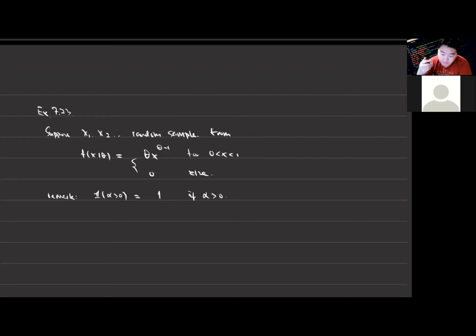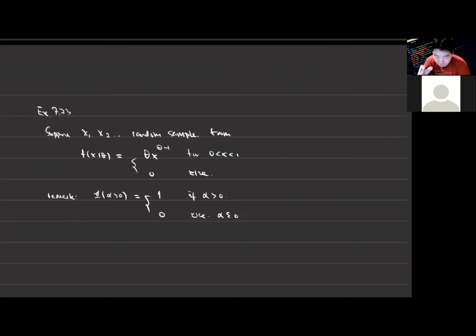Otherwise it gives me 0. So what does otherwise mean? Otherwise is the complement of the set alpha greater than 0. So it's alpha less than or equal to 0, right? So when I say else, I mean the complement of the range defined in the first line, so alpha less than or equal to 0. And if that's the case, your function is 0. So that's what the indicator function means.